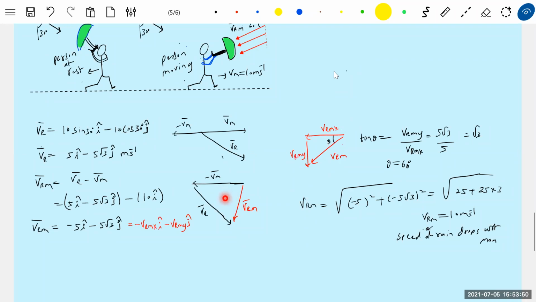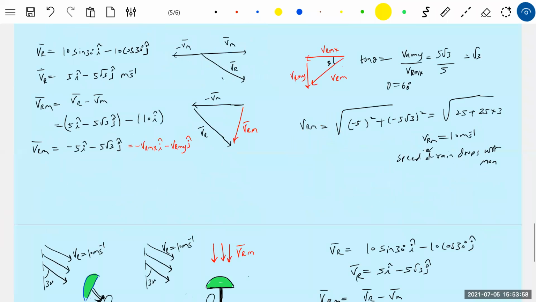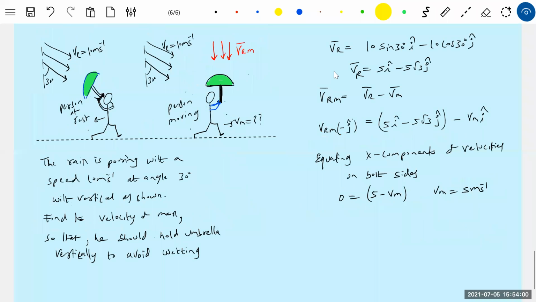It's all about the triangle. I want everyone to put effort into the triangle. This is very important for us. Any conceptual question you can analyze here. For numericals, take unit vectors. This is minus VM bar, this is VR bar.